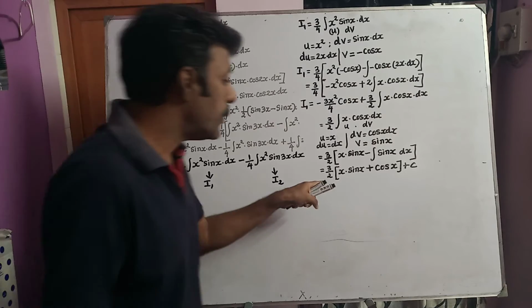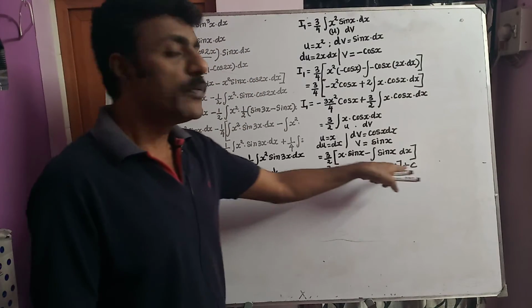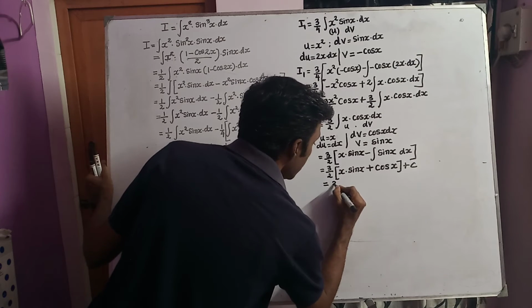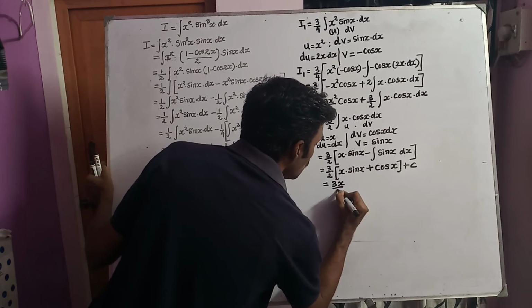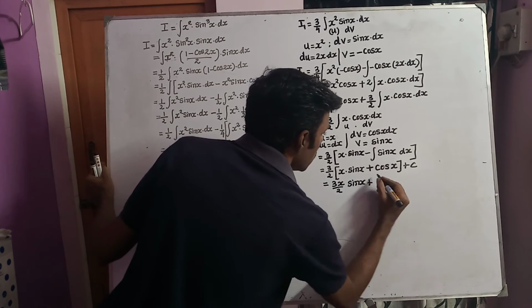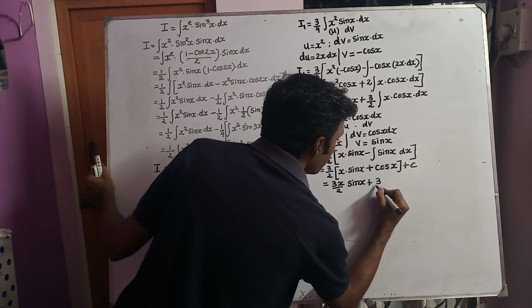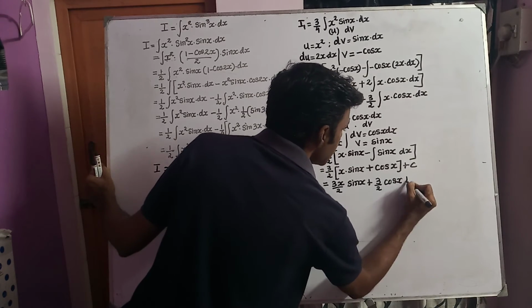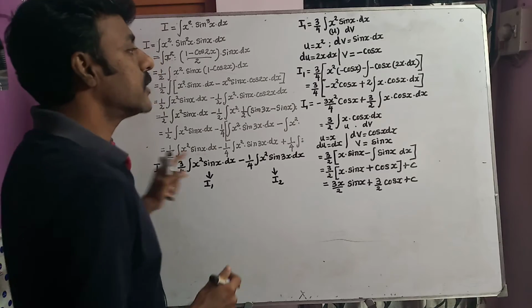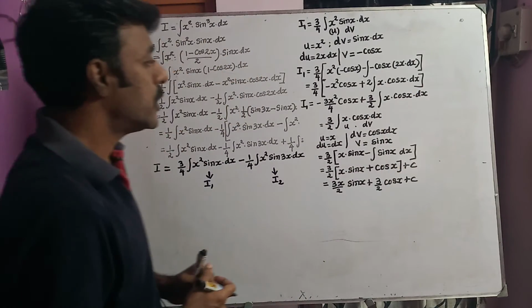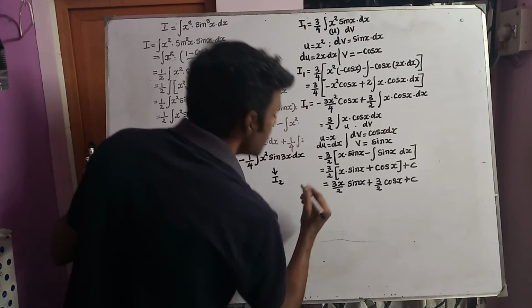So now I am going to multiply 3 by 2 with the terms inside the bracket. So that will be 3x divided by 2 into sin x plus 3 by 2 into cos x plus c. So I got the value of this particular portion. So what is I1?